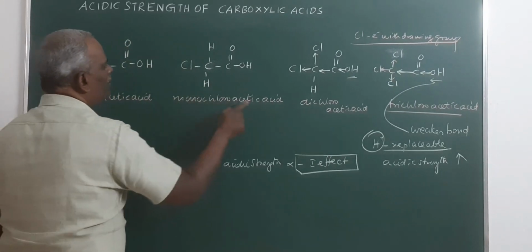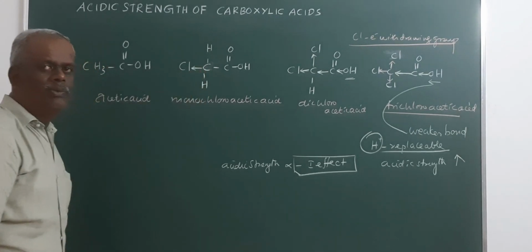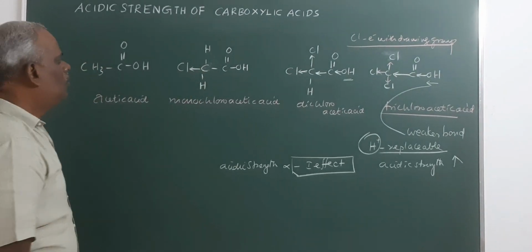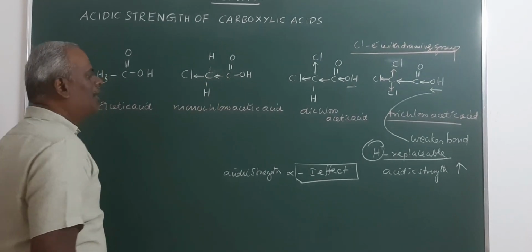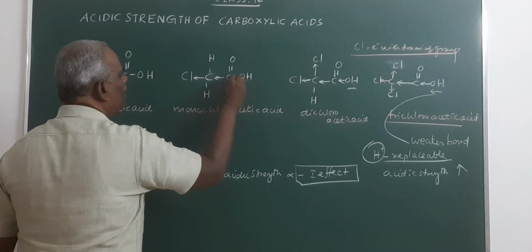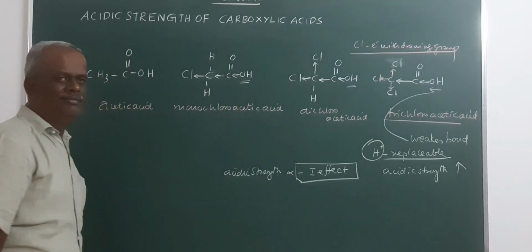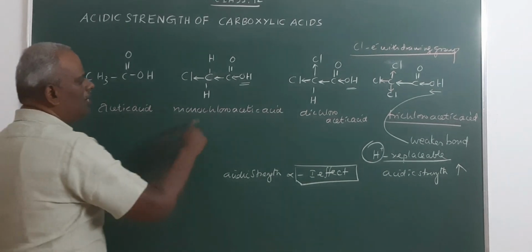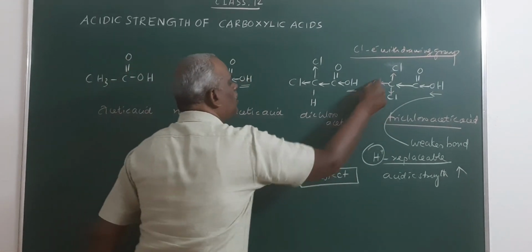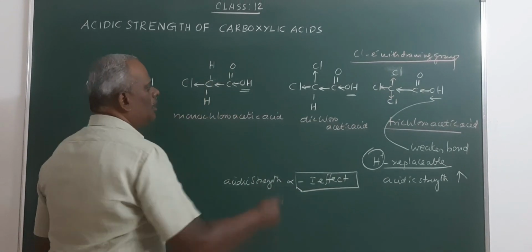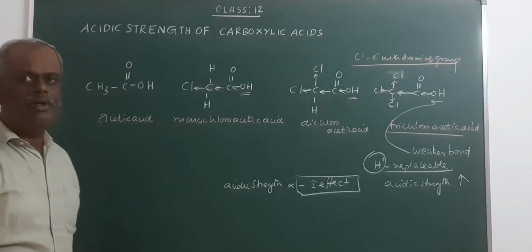See the monochloroacetic acid, it contains one electron withdrawing group. So there will be demand of electron. The carbon gets electron from this and oxygen is giving electron to the carbon atom, and this bond is becoming weaker. Among all, trichloroacetic acid would be the strongest due to the presence of 3 chlorine atoms. This has only 2 and this has only 1 electron withdrawing group.